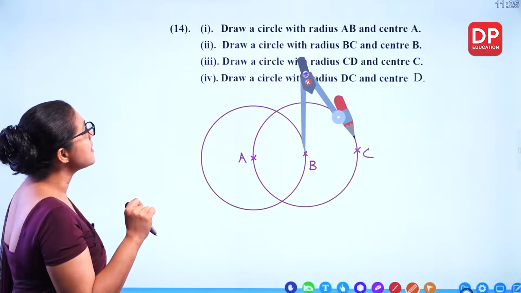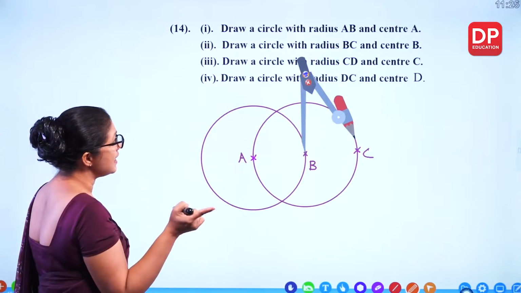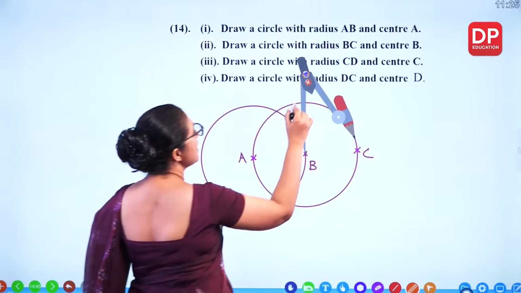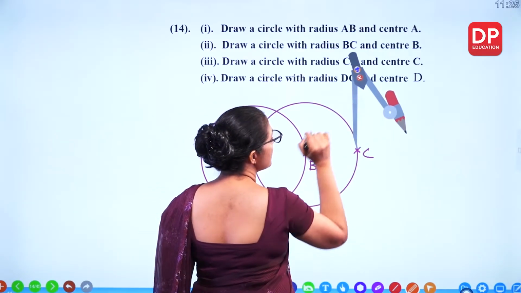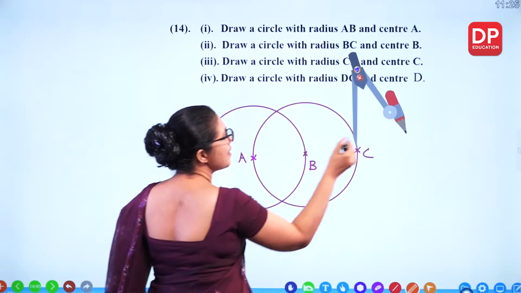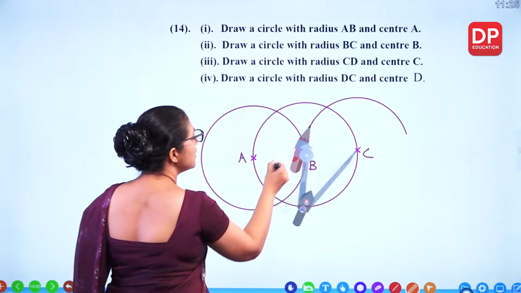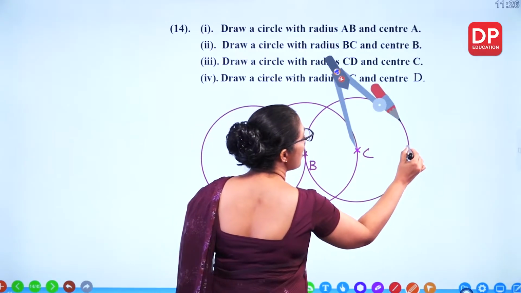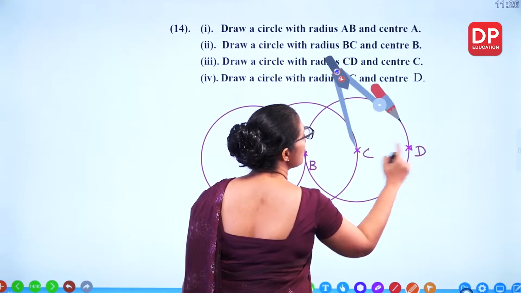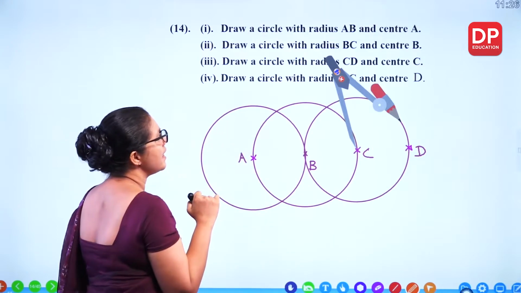Third one, draw a circle with radius CD with center C. Now I can take the compass here. Now the center is C. You can draw a circle. And I can mark any point as D because CD is the radius.